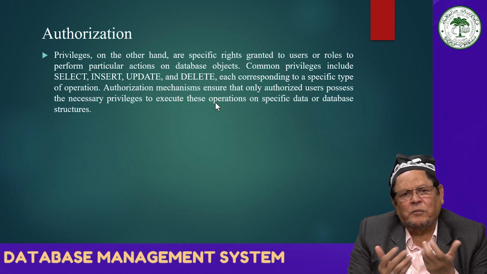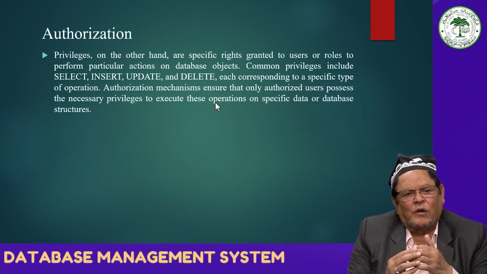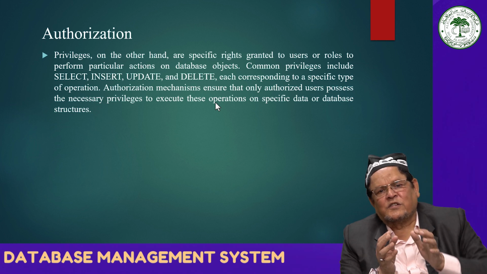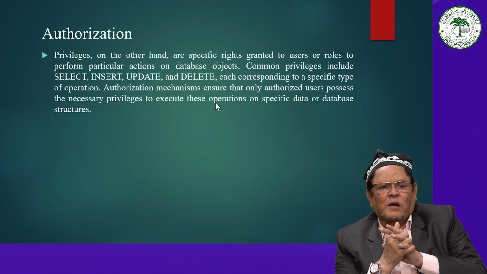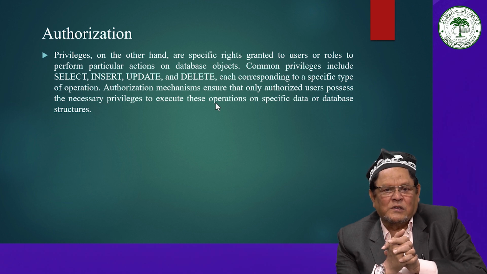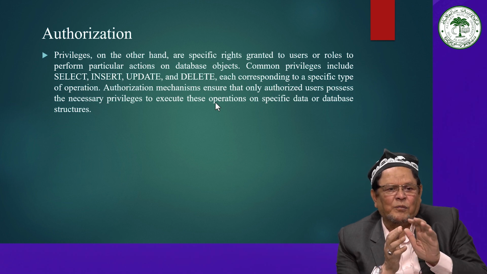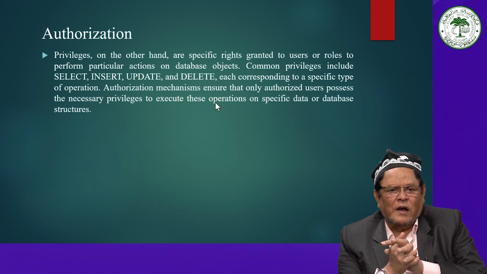Update: if some employee has changed position from reader to professor, or general manager to COE, whatever, then you have to update. And then delete: if some employee has expired, you have to delete. So this type of privilege you have to provide.